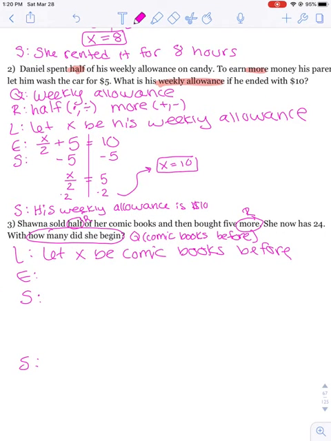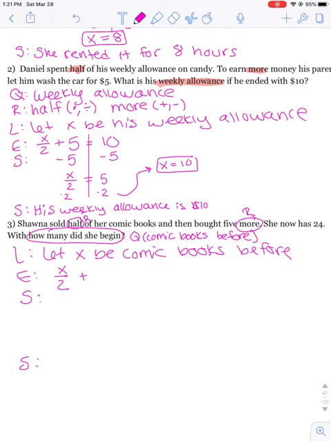All right, now the equation. So I see she sold half of them. So I mean she's getting rid of half. Just like in the previous question with Daniel, you can show half of something by doing 1/2 x, or you can show it as x over 2. They mean the same thing. I like to do the x over 2 version. So I'm going to do x over 2.